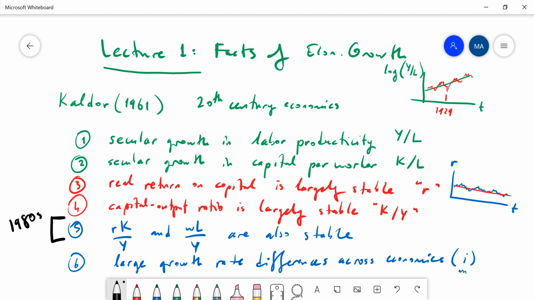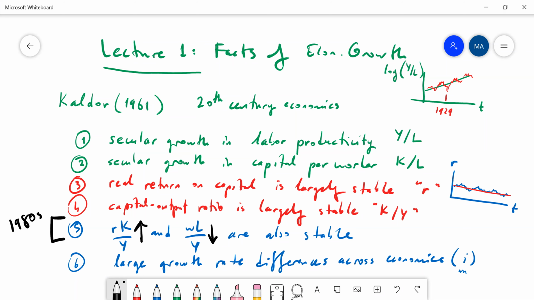After the 1980s, this slightly increased and this slightly decreased. So since 1980 in developed economies, in the US, in the UK, Western Europe, etc., the general tendency is that the capital income share is slightly getting larger and the labor income share is slightly getting smaller.